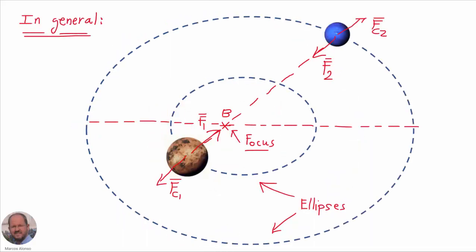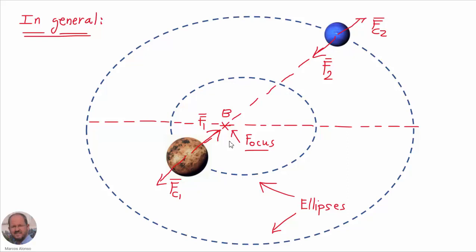However, the general situation is not so simple, because in general the trajectories that the planets are going to follow can be ellipses, so it can be much more complicated to obtain the final trajectory. We are going to calculate that by using numerical solutions, but the idea is that in general the trajectories are going to be elliptical.